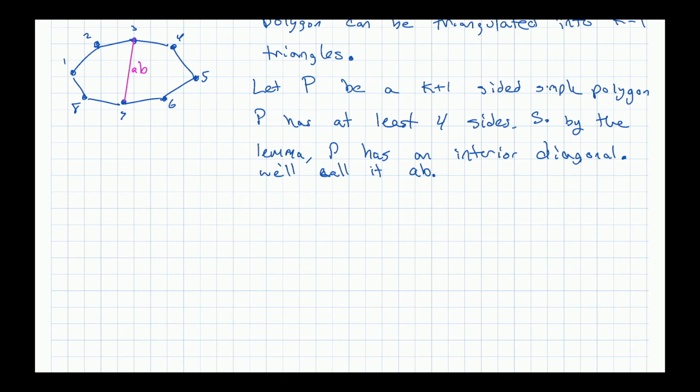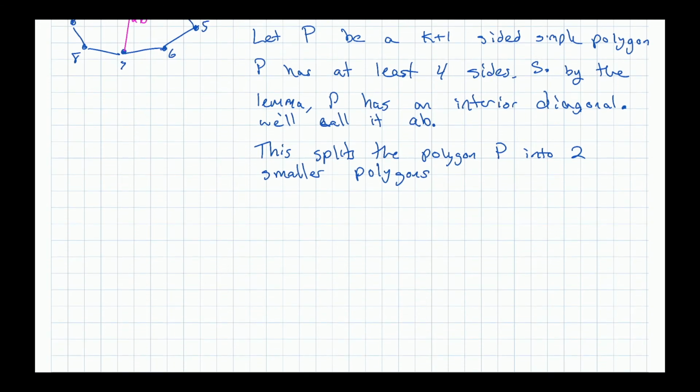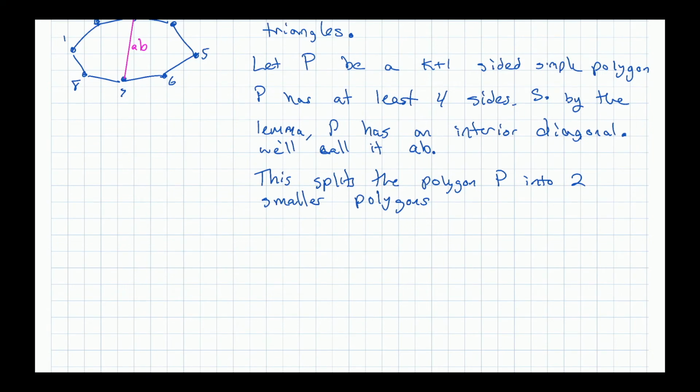so what this does is it actually splits our polygon into 2 smaller polygons. This splits polygon P into 2 smaller polygons. We're going to call them Q and R, I think. All right.